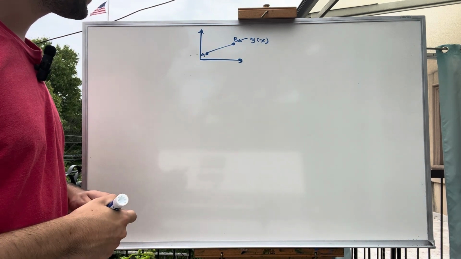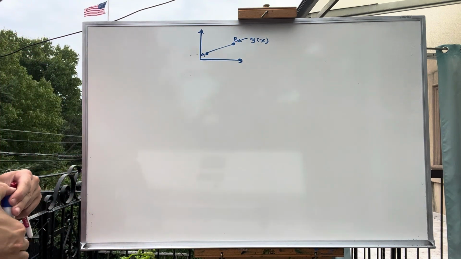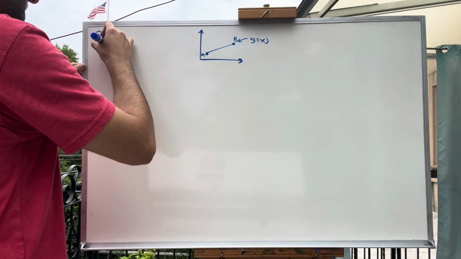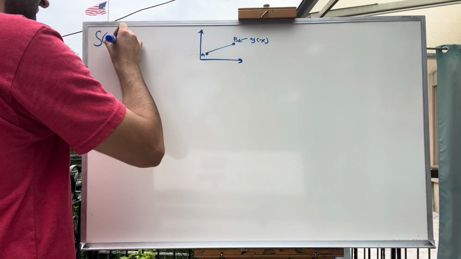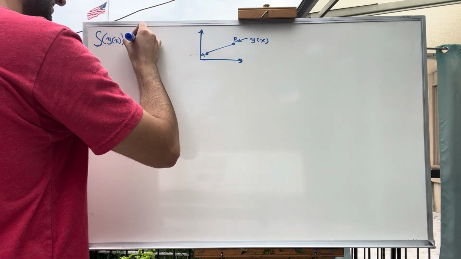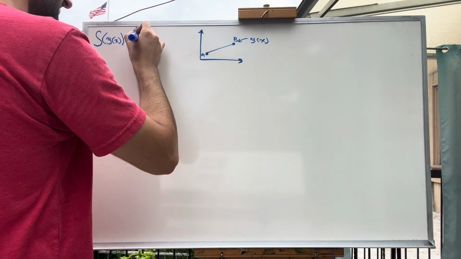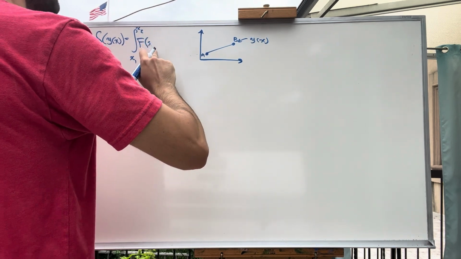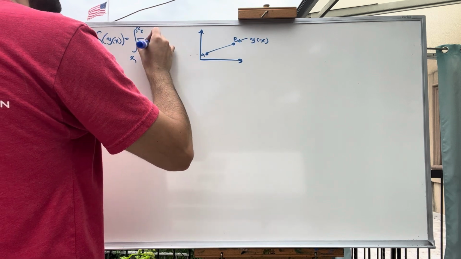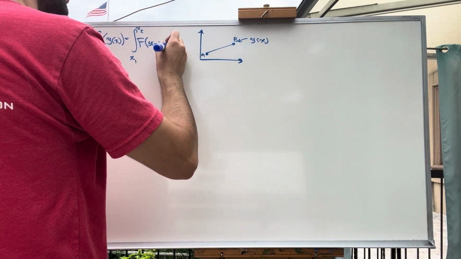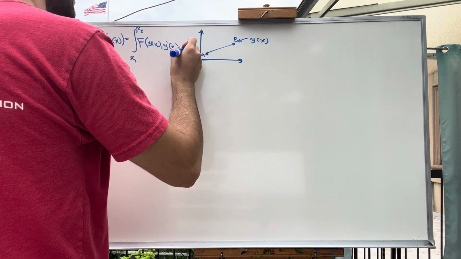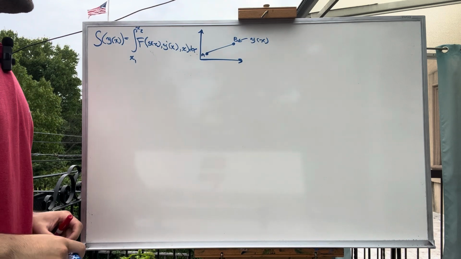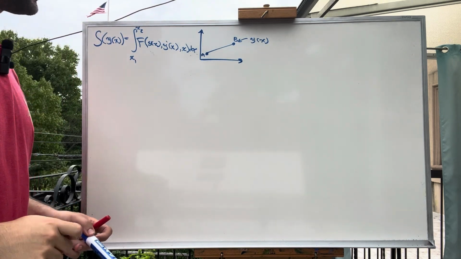Now we know we could represent any distance for any curve as the integral from x1 to x2 of some function of y of x, its derivative, and x dx.